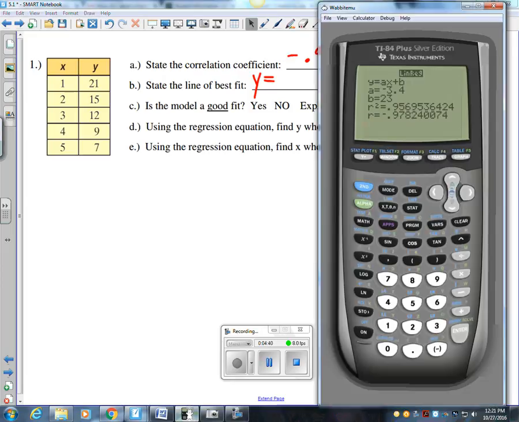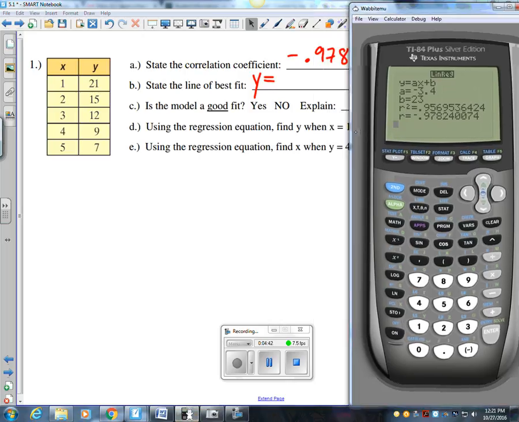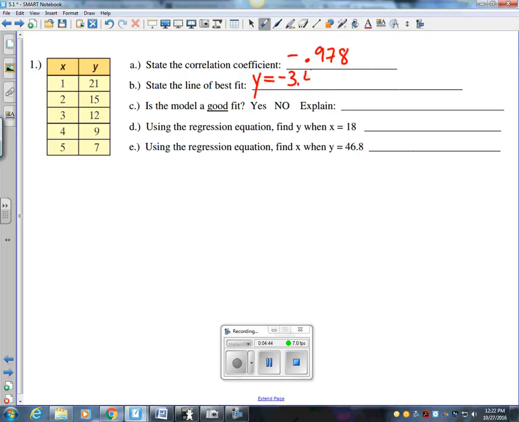So the y equals is -3.4x plus 23. Is the model a good fit? The answer is yes, because it's close to -1. If it's close to either +1 or -1, I always think about it as if it's more than 50 cents. This one's about 98 cents, so if it's more than 50 cents, then the answer is yes.